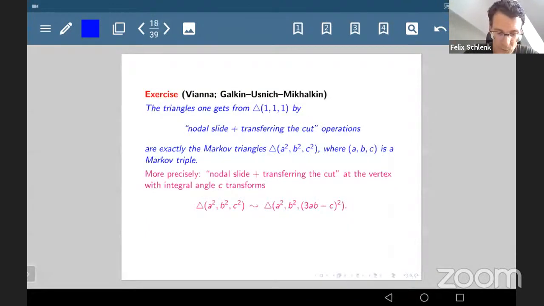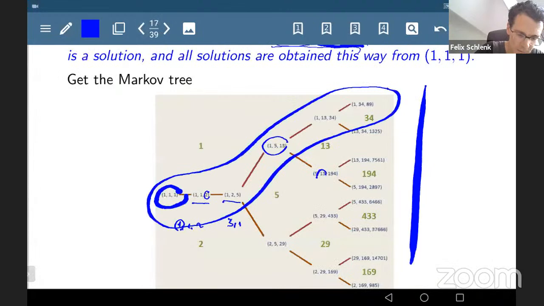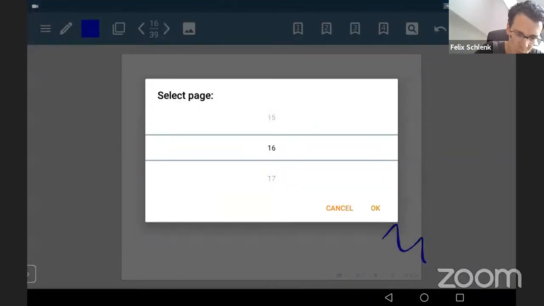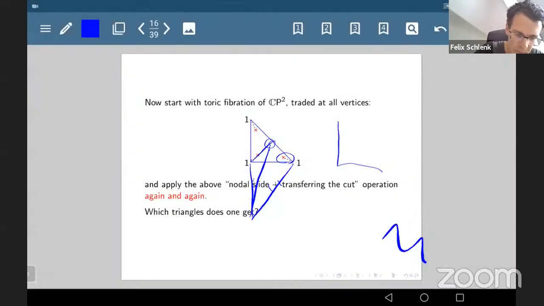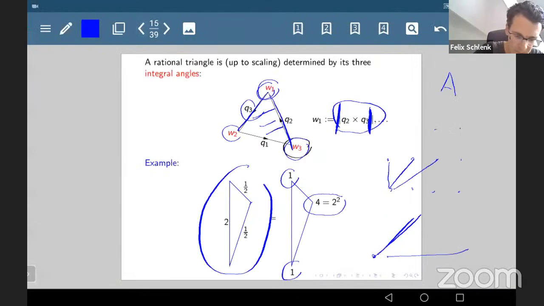Of course, we should verify these operations; the first one we did verify together. So we already constructed the 1, 1, 2 square by what is called mutation, a nodal slide plus this shearing coordinate change of Vianna.